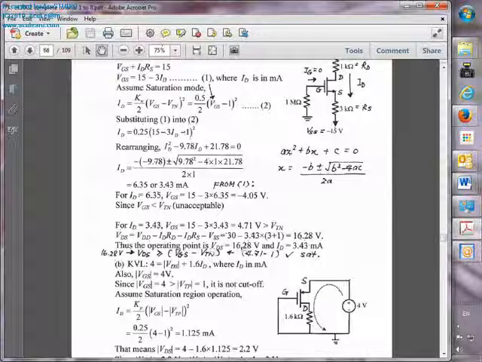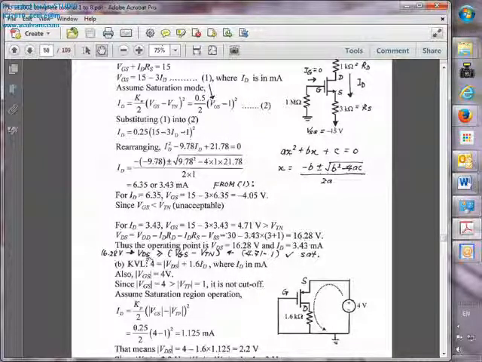As VDS is 16.28 volt and ID is 3.43 milliamp, we can double check the operation region. If VDS is larger than or equal to VGS minus VTN, then the transistor is working in the saturation region.